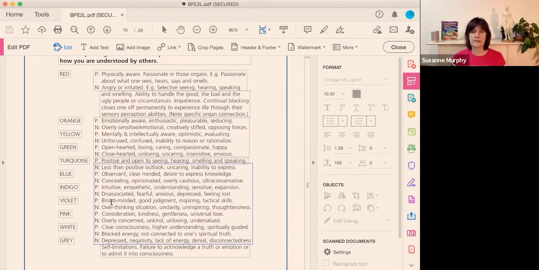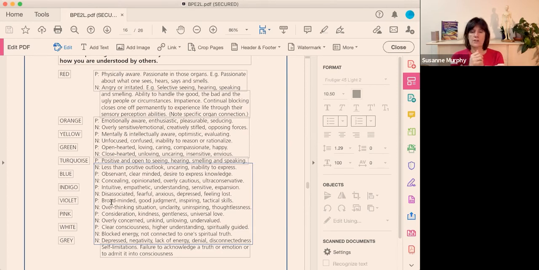So when I see red in the mouth, this could be somebody who's very expressive on a passionate level. However, if I see dark red in the mouth, then it's somebody who could be holding back their passion, and it could be more people blurting out what they're understanding in a way that could be construed as angry or irritated.